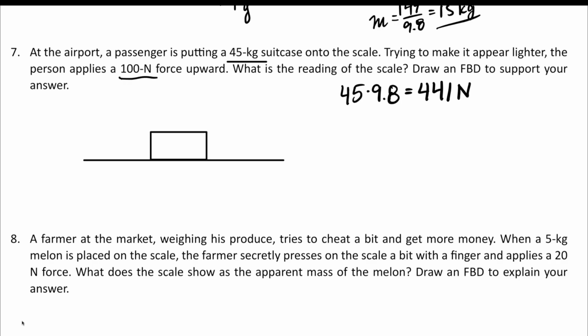But see what is being done. If I draw the free body diagram, this is force of gravity. It's 441 newtons. If we didn't have an interference from the passenger, this would be force normal. However, what we see is that that person is applying a little bit of a push-up. I'm going to mark it a little bit to the side so we can see two separate forces.